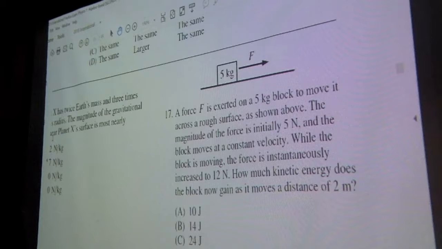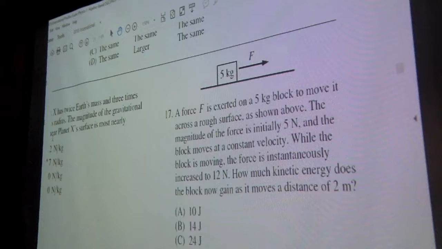B, 14. C. What he says is B. Well, I kind of said it because I knew there was friction.